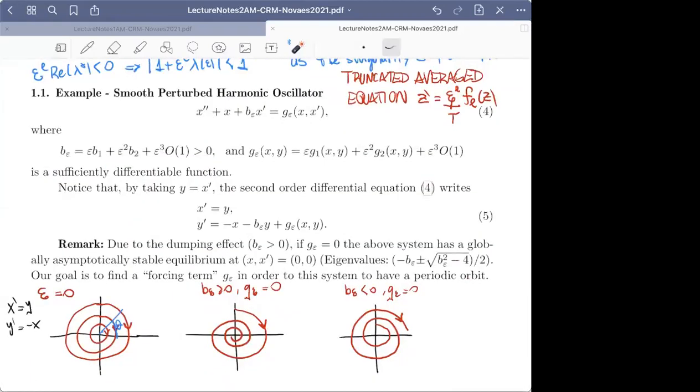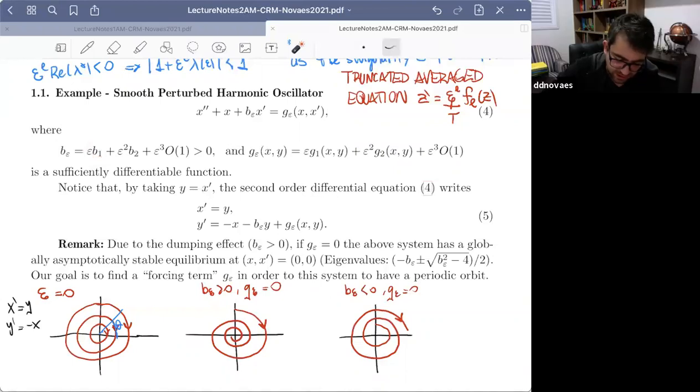Ah, sorry, I forgot that you are considering the trace away from the G. Okay. So in this case, B epsilon and G epsilon are the perturbations of our linear system. Yes, in this case, B epsilon is just the trace of the linear part of this matrix.